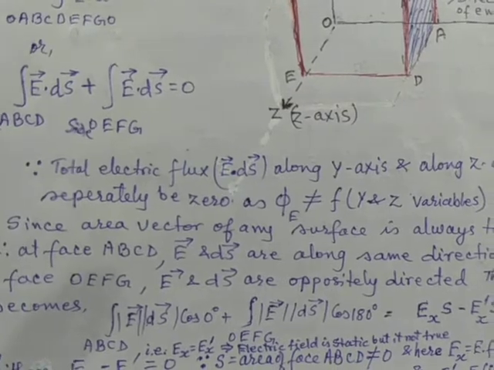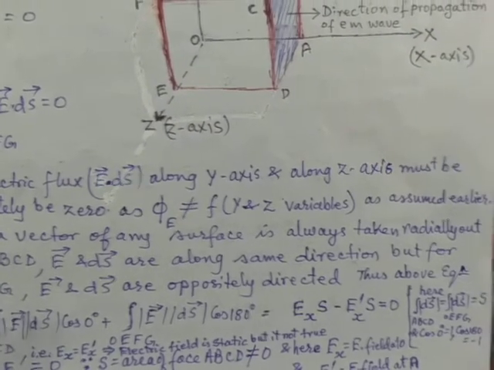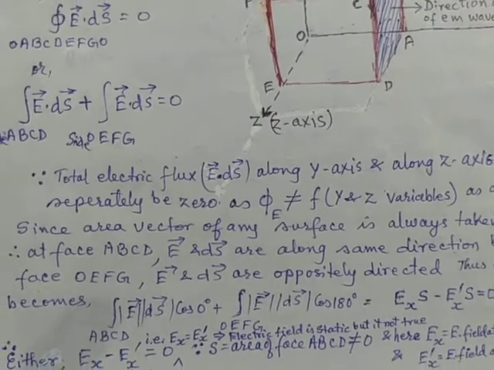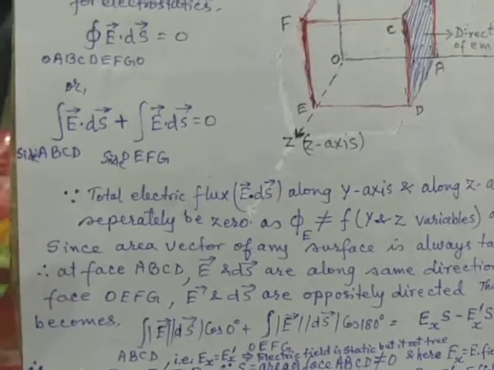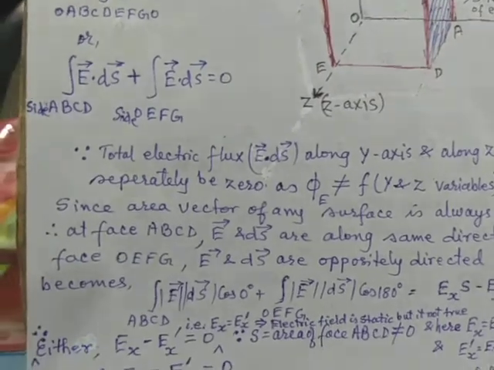because the total electric flux E dot ds along y-axis and along z-axis must be separately 0, and therefore the E dot ds for 4 faces becomes 0 individually.